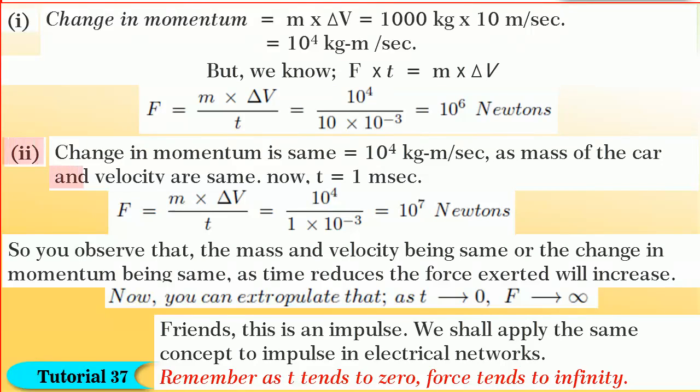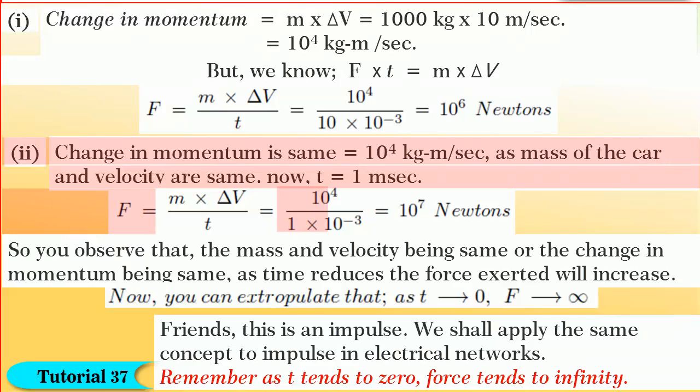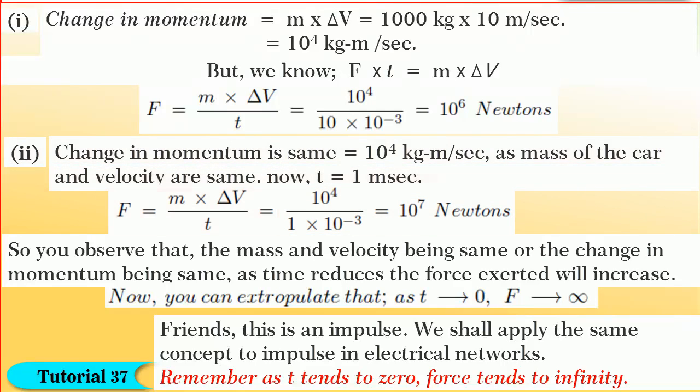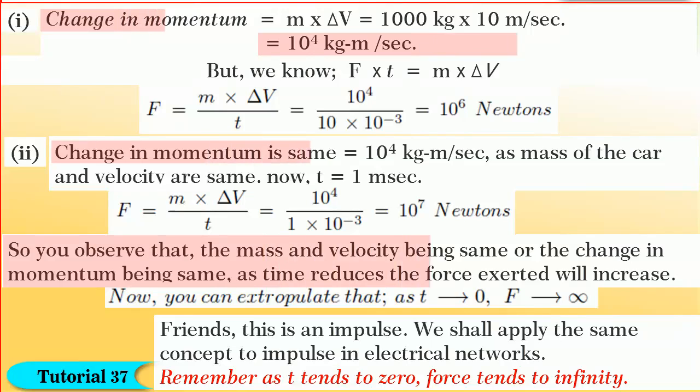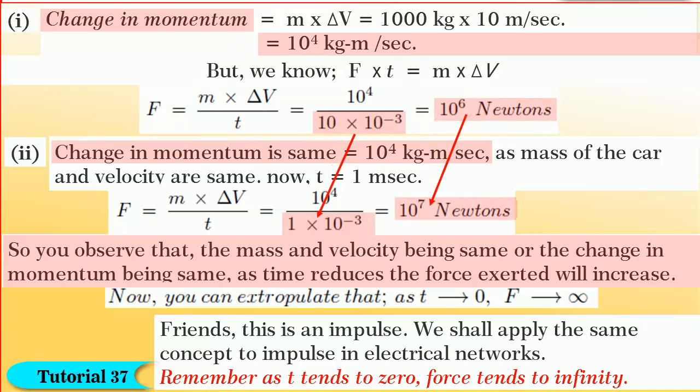Similarly, consider the second case when t is equal to 1 millisecond. F is equal to 10 to the power of 4 divided by 1 into 10 to the power of minus 3, which will give us 10 to the power of 7 newtons. Friends, observe that the mass of the car and the velocity being same, or change in momentum being same, as time t reduces, the force exerted will increase.